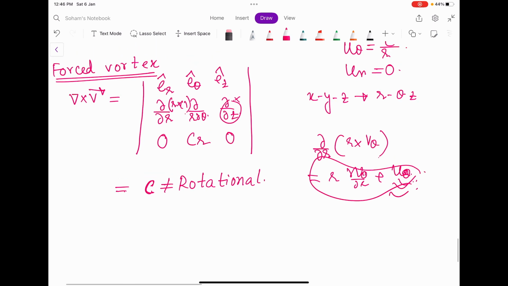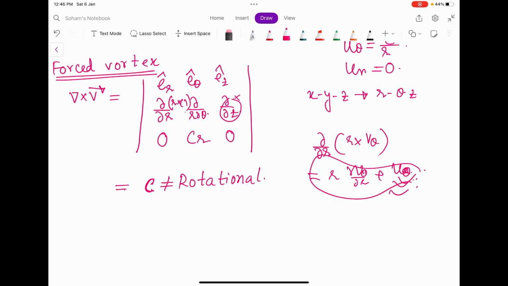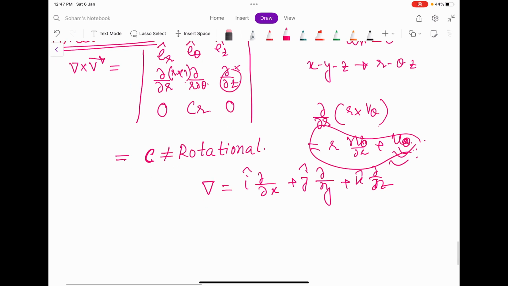I mean the actual r theta z del operator. In Cartesian coordinates, del is i del del x plus j del del y plus k del del z, and this will change in other coordinates, like r theta z, the cylindrical coordinate, and r theta phi, the spherical or polar coordinate.